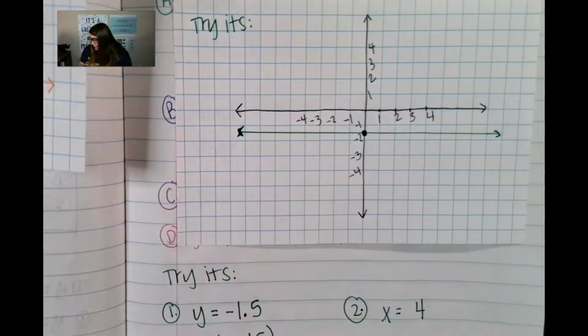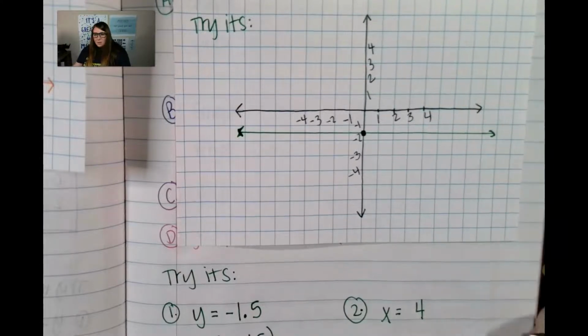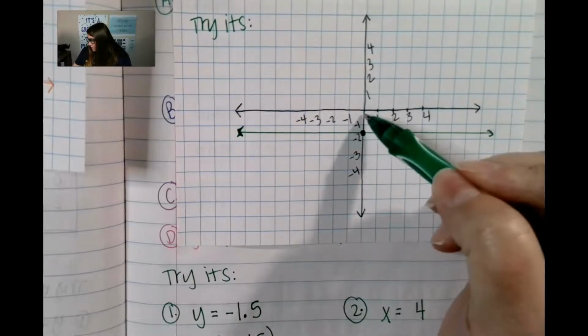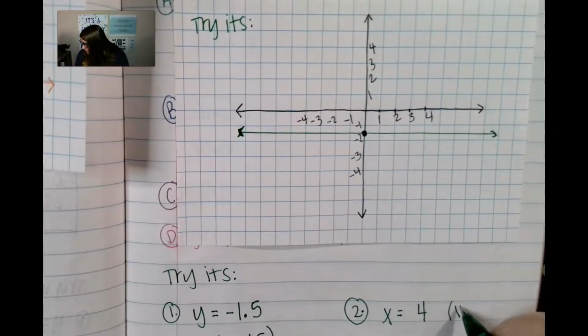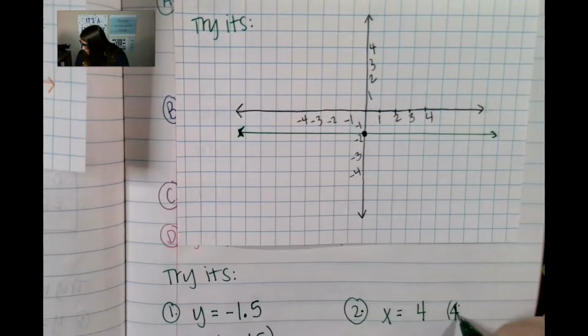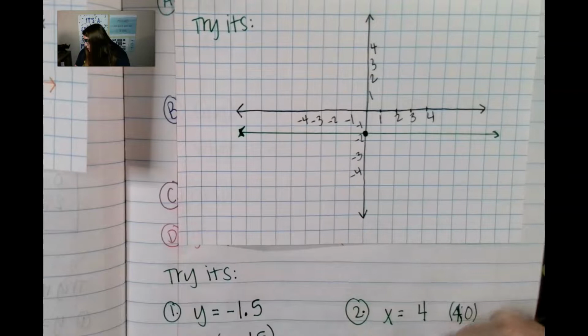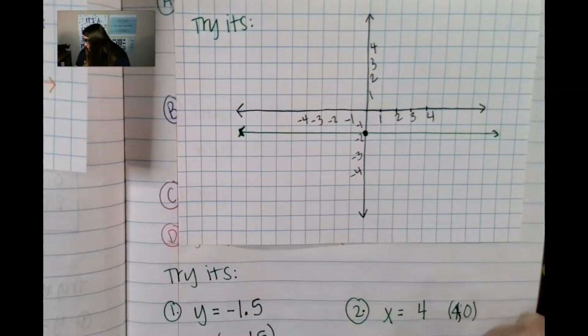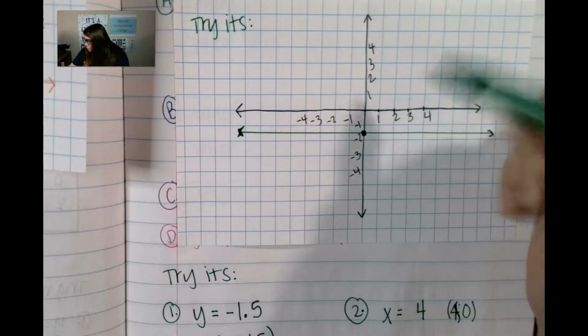Okay, and then the last problem says x equals 4. So again, on my line here, I'm going to start at 0, 0. So my x is 4. My y is nothing. So my line is going to be vertical. So I'm going to come over here. X, I'm going to go to 4.